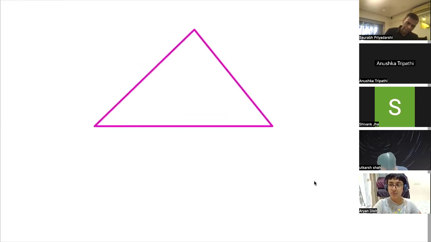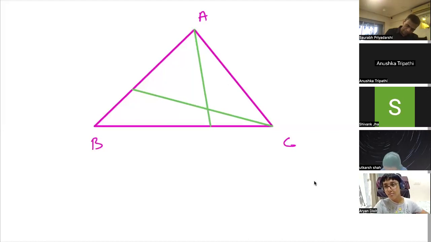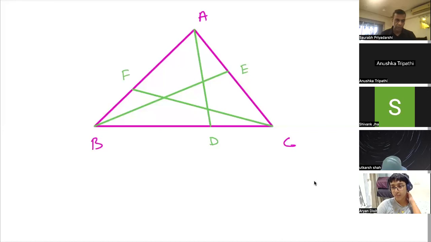This is A, B, and C. Now in between, I have to draw a line here, D, E, F. Is this okay? Then I'm getting some P, Q, and R.